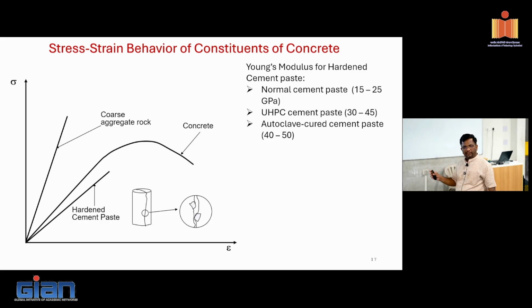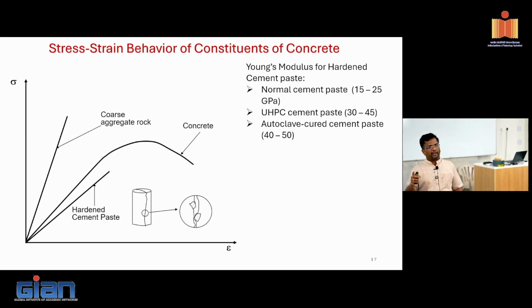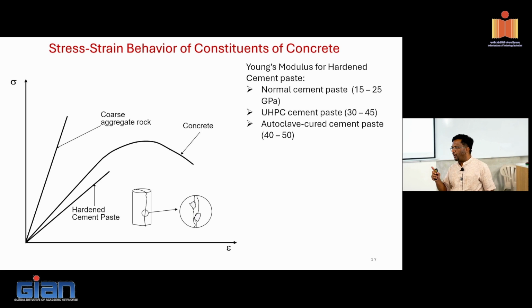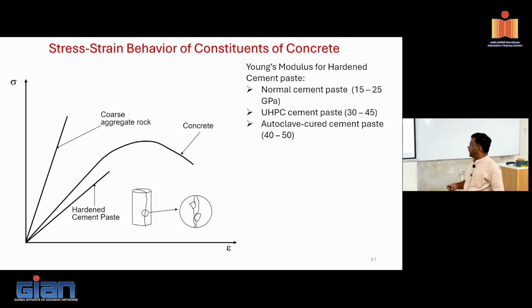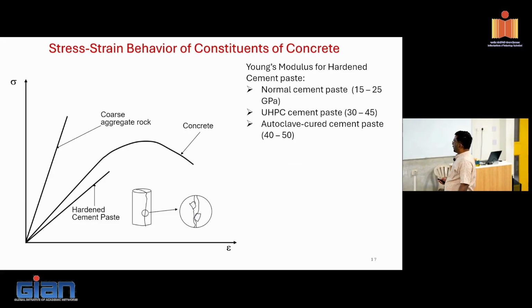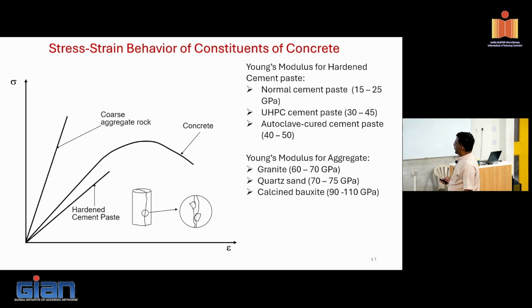So what I'm trying to say is your evolution of mechanical properties is also a function of how we are curing the concrete. If I'm doing steam curing, the mechanical properties are going to be better. If I'm doing just moist curing, room temperature curing, then the mechanical properties may not be that high. Similarly, depending upon what type of aggregate I'm using, your elastic modulus will change.